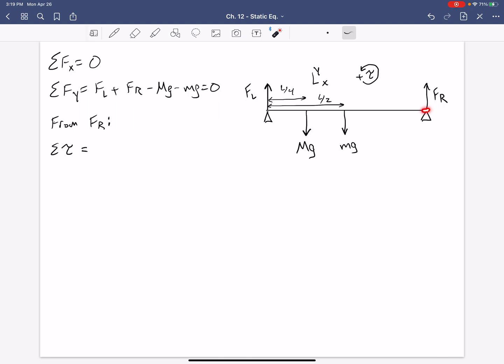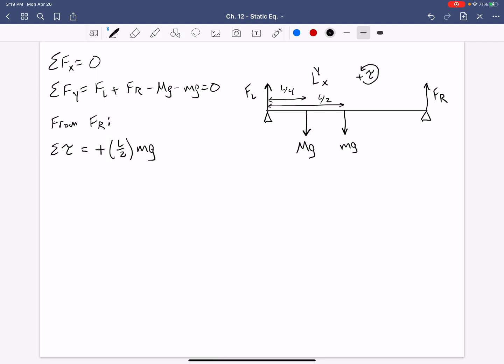From the right point right here, let's see, positive torque is coming from any force that would rotate this beam counterclockwise, right? So those two gravitational forces, that means our first one will be positive. Let's do the beam itself. So positive L over 2, that's R right here, the vector, the magnitude of R in this case, times the force, which is of magnitude mg.